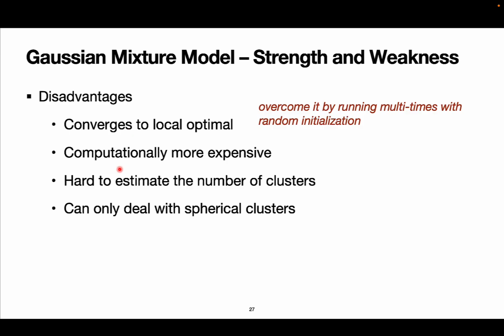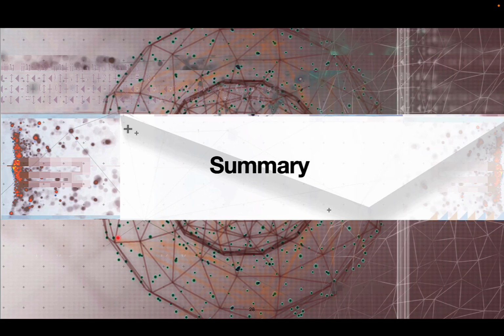GMMs are computationally more expensive than k-means, especially for high dimensions. Choosing the number of clusters is also challenging and usually requires model selection techniques. Finally, depending on the covariance assumptions, the model may be limited in the shapes of clusters it can represent.